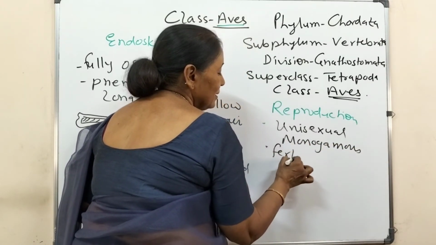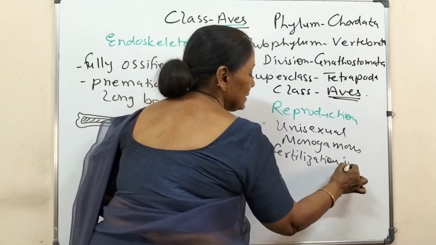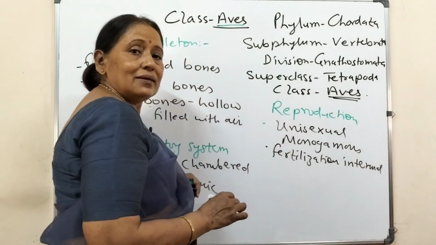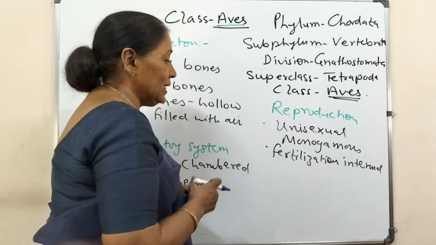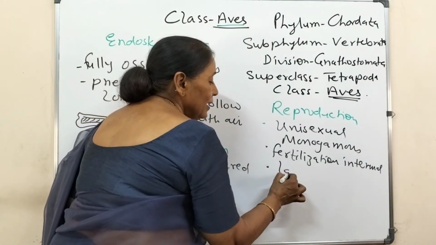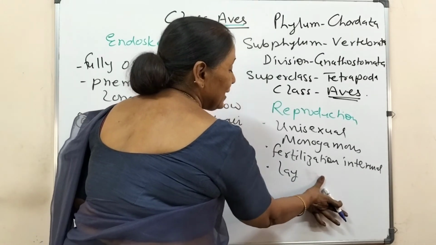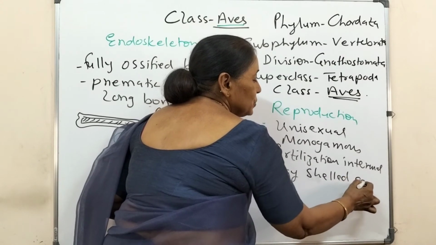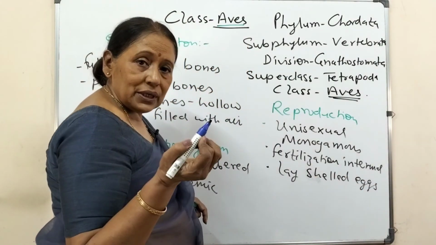Fertilization is internal, but after fertilization, the fertilized egg is covered with a protective shell, and then they lay the shelled eggs. As they are laying eggs, they are not giving birth to the young ones.